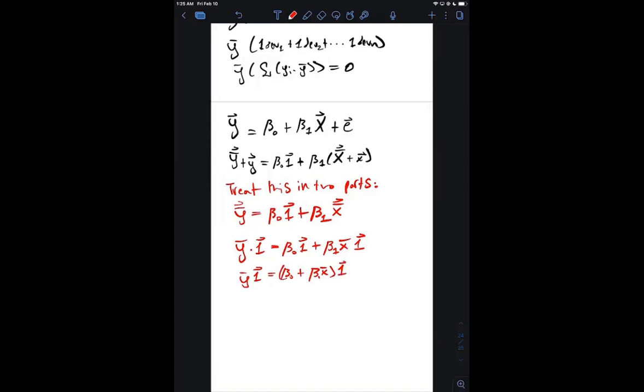So what this is telling us fundamentally is that these are just scalar multiples of one another. And a really nice way to put that is that these lie fundamentally on the same line.